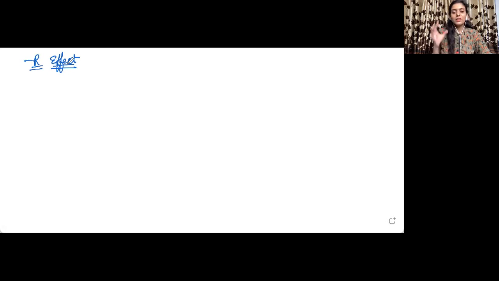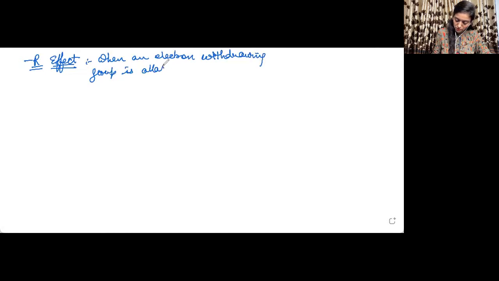So the group which is directly attached to the conjugated system will be taking electrons from that conjugated system. So this will happen when an electron withdrawing group is attached to the conjugated system.